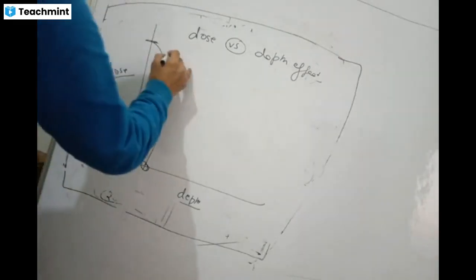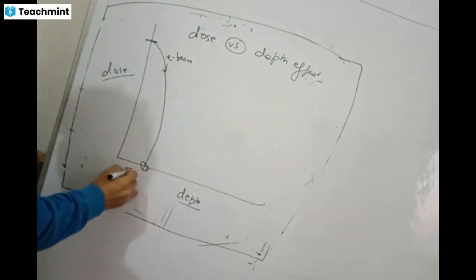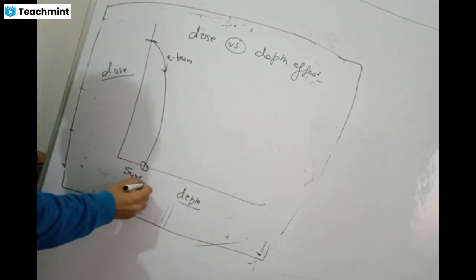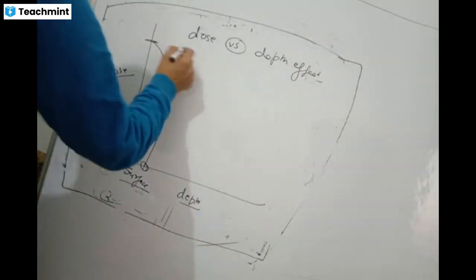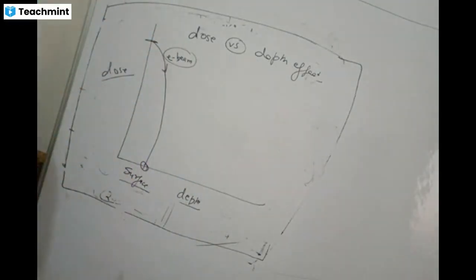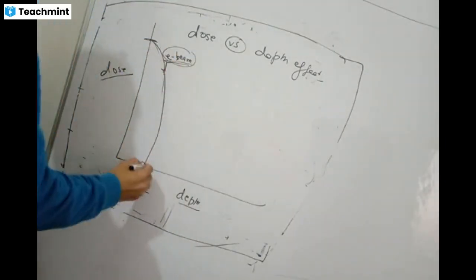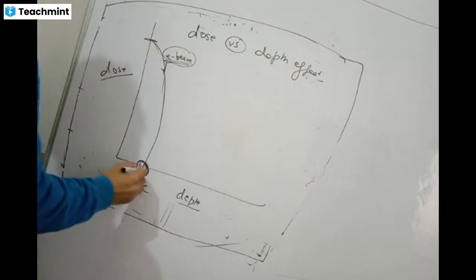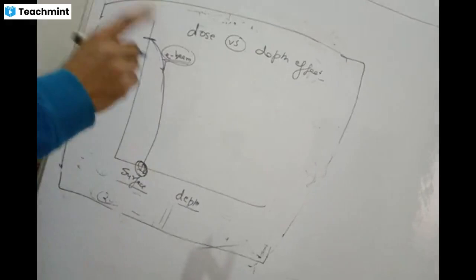It means electron beams are near the surface. So for surface tumors, we can use electron beam because they deposit all their energy up to less depth, near the surface of the skin.